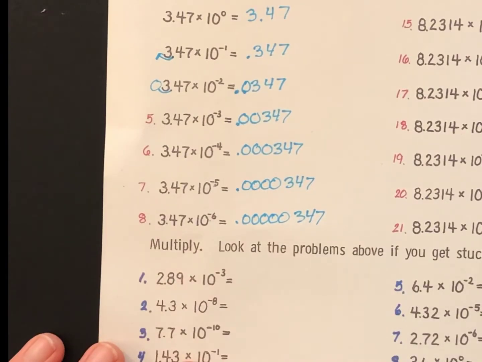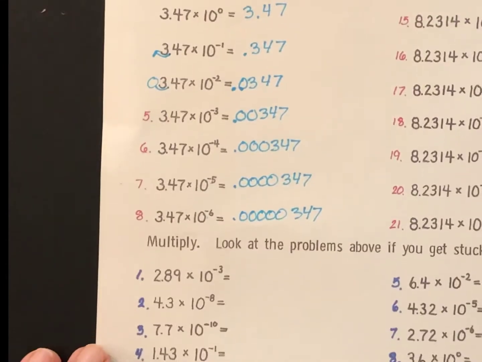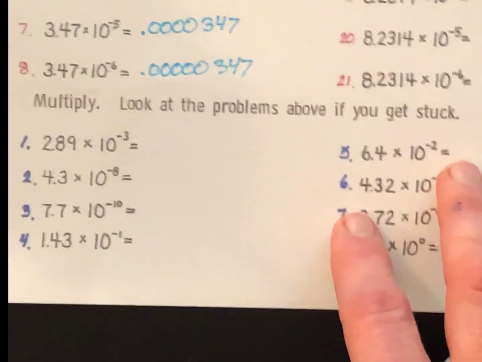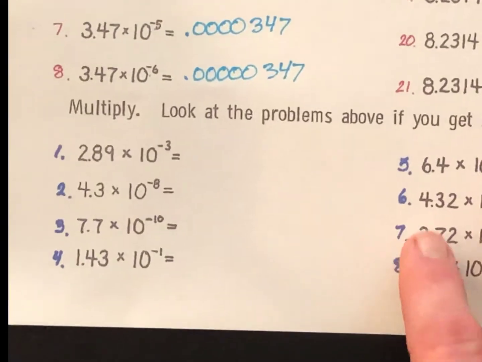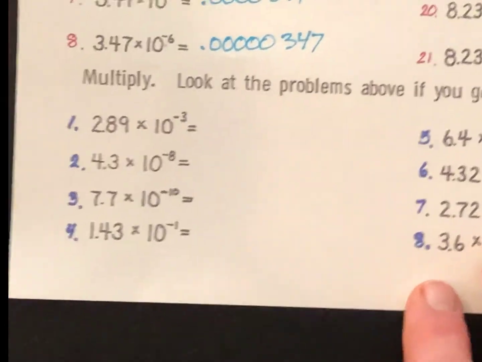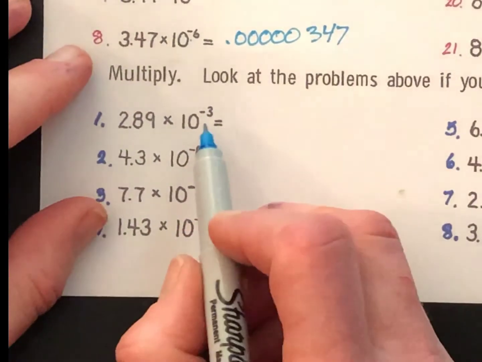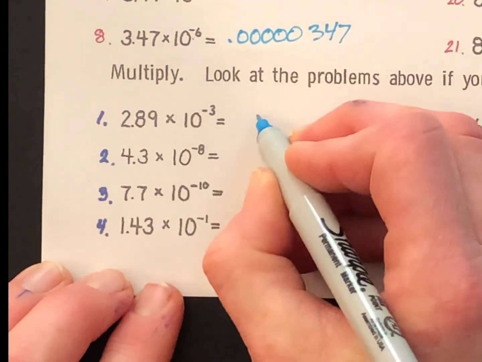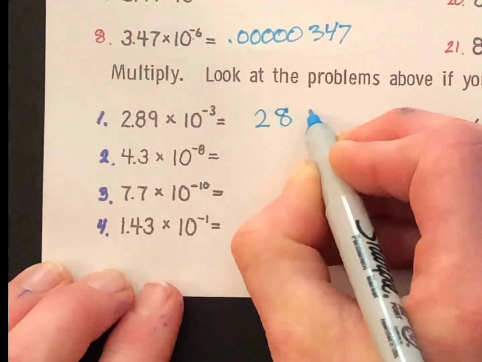Let's do these together, and then you'll do the other side on your own, the entire column. So this tells me I'm going to move the decimal to the left 3 times. I'm going to write 289.